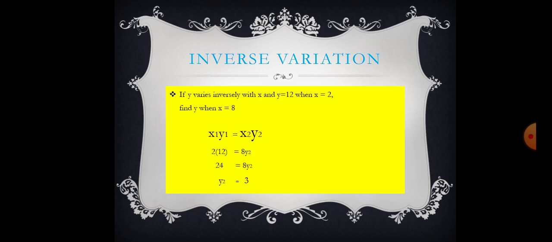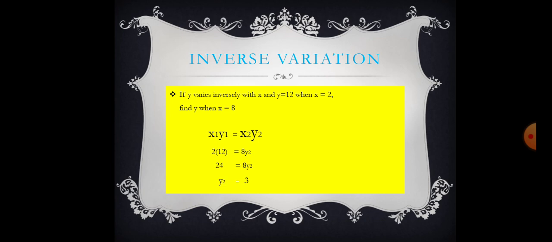So consider one example. If y equals 12 and x equals 2, the first values we consider are y1 equals 12 and x1 equals 2. We put the values of x1 and y1. x1 into y1 means 2 into 12, it comes 24, and in the RHS x2 into y2, where x2 is 8.